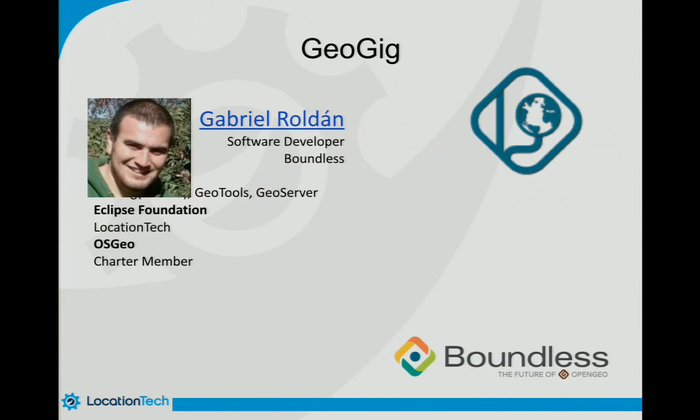I assume everyone here is familiar with Git. Git has a little bit of trouble working with spatial data. So we've started this project here at Boundless called GeoGig, and rather than work with lines of text, we're working with individual features, the individual shapes, but we follow the same workflow as Git.